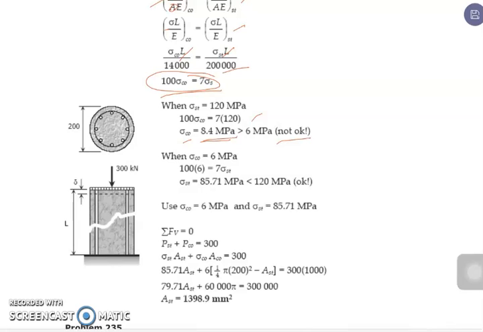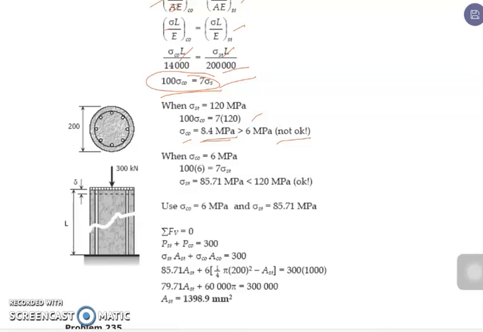Now we try to investigate the stress on the steel. For the stress on the steel, we simply have to substitute the value using also this equation. We substitute the value to the equation, 100 times 6, which is the allowable stress on the concrete, is equal to 7 times the stress on the steel.